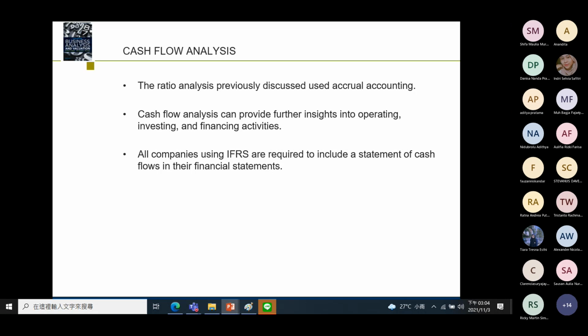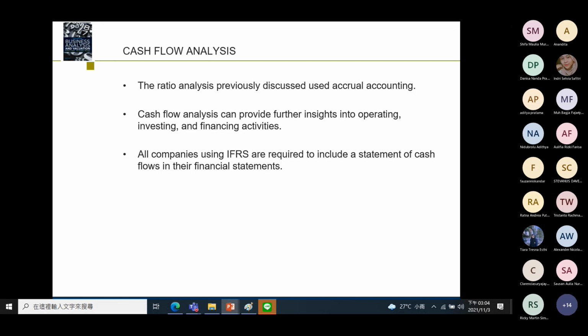All companies reporting in conformity with IFRS are required to include a statement of cash flows in their financial statements under IAS 7.